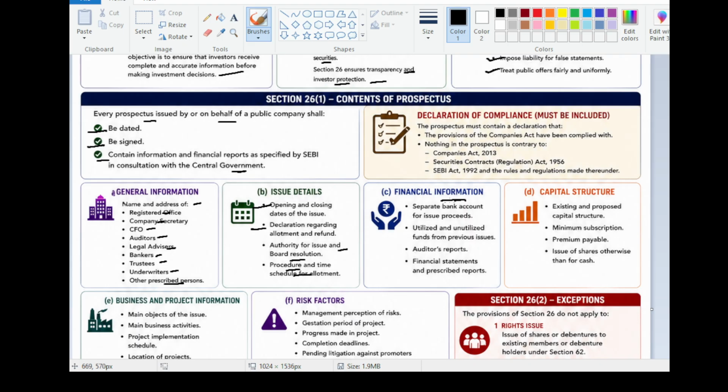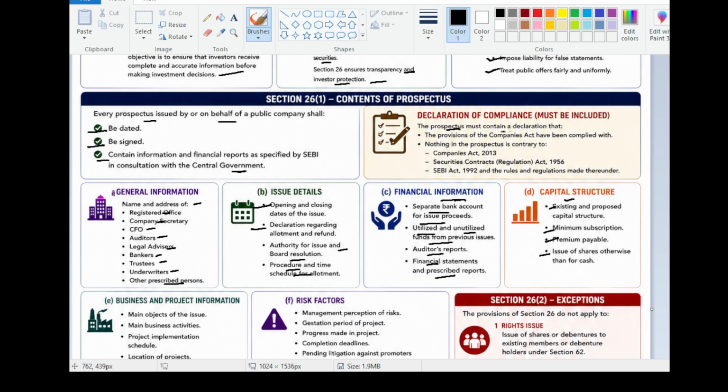Financial information: separate bank account for issue proceeds, utilized and unutilized funds from previous issues, auditors' reports of financial statements and prescribed reports. Capital structure: existing and proposed capital structure, minimum subscription, premium payable, and issue of shares otherwise than for cash.